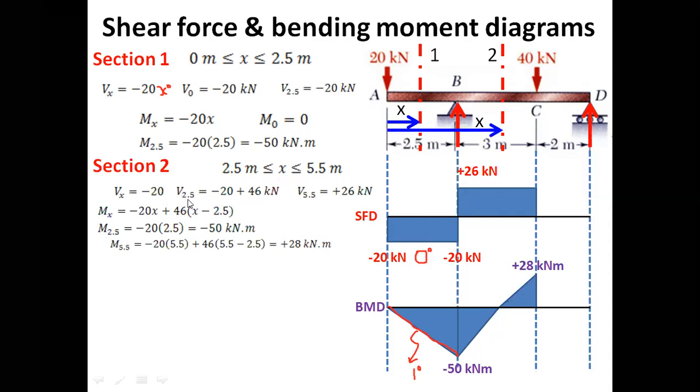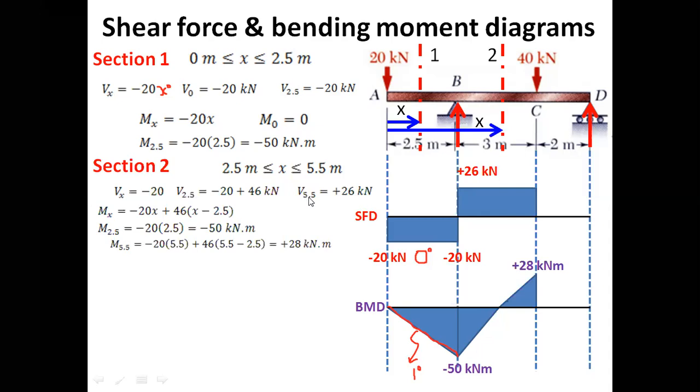So V 2.5 is equal to minus 20 plus 46 kilonewton. After calculation, it would be plus 26 kilonewton. Initially for the first section we were here. Now for the second section, we have a shear force value of plus 26 kilonewton. So plus 26 would be somewhere here. So we got this one.